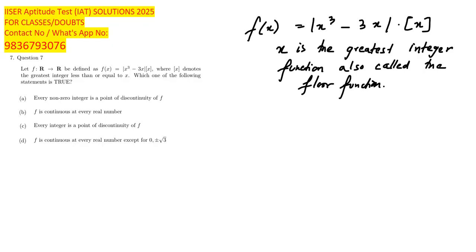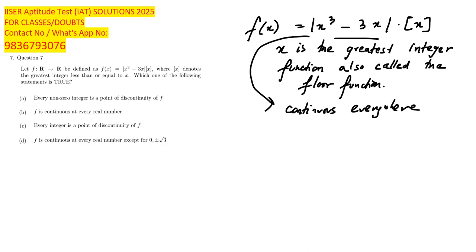First, |x³ − 3x| is continuous everywhere, as it is the absolute value of a polynomial.